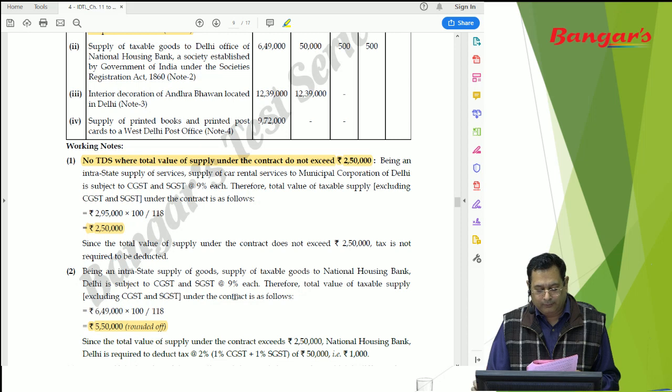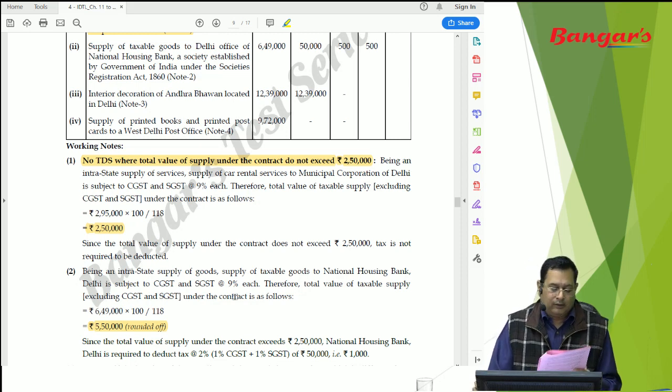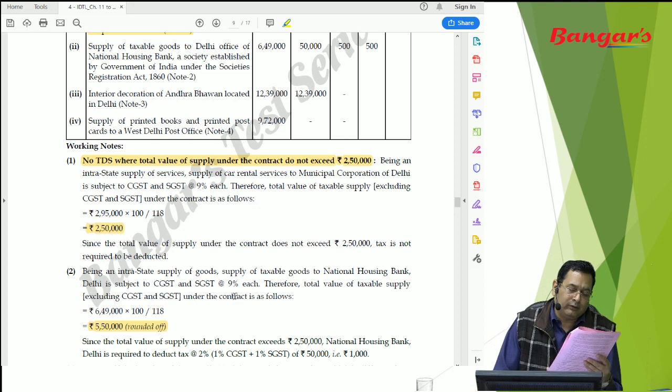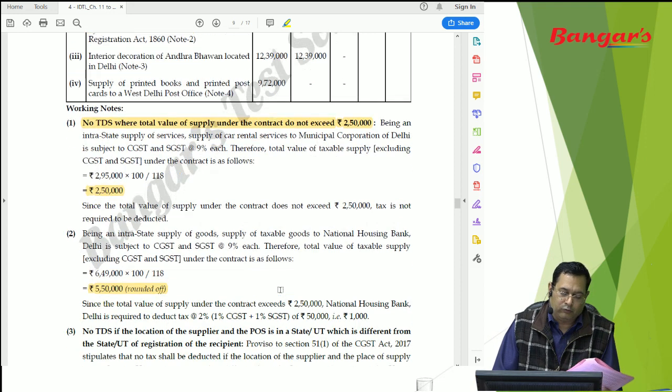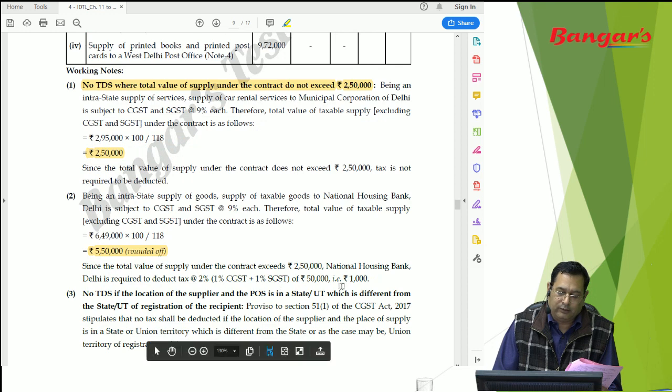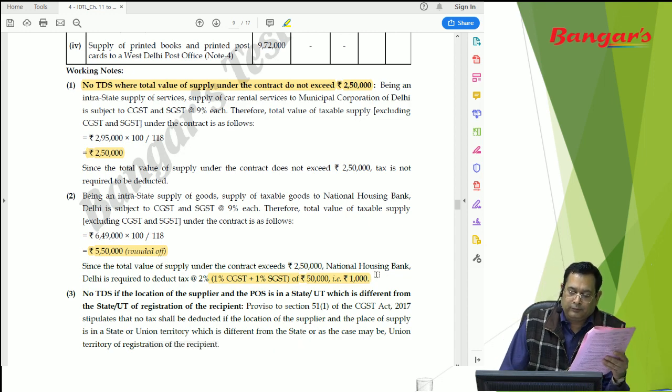Since the supplier is in Delhi, as well as the recipient who will be making the payment, they will be deducting tax at source on the payments made: 50,000 CGST element and SGST element of 1% respectively. So here the amount of TDS works out to be 1,000 rupees.